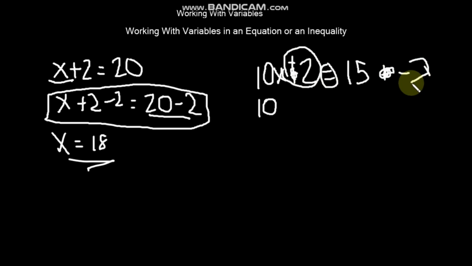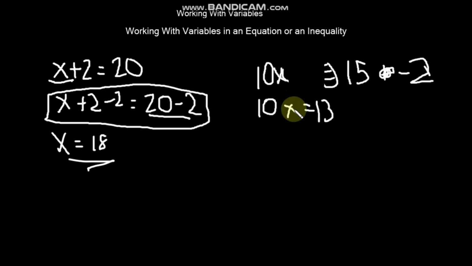So 2, and this goes out. It has traveled to the other side, making it 10x equals 15 minus 2 is 13. So we still want to get the x alone.